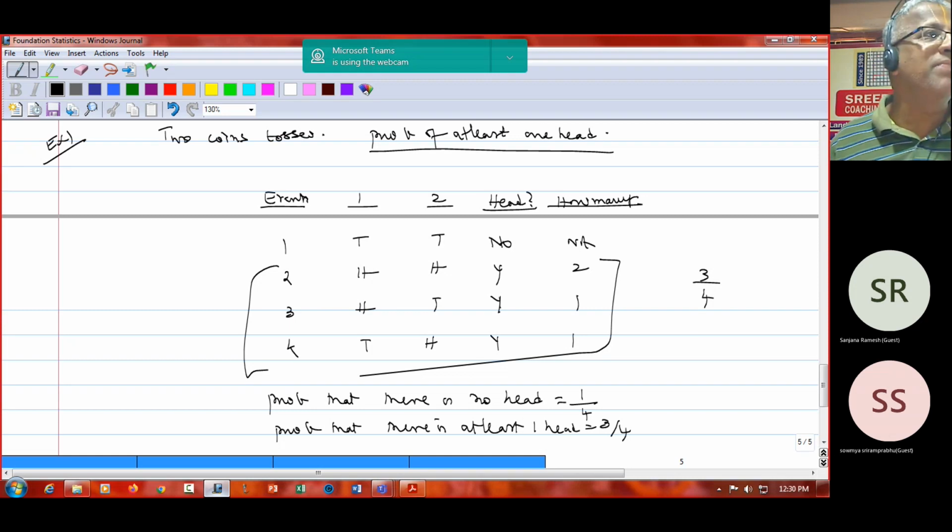But the first step, the baby step, is telling how you have done it. So I have written the sample space and out of these events, the number possible for at least one head is 3. So I took it as 3.